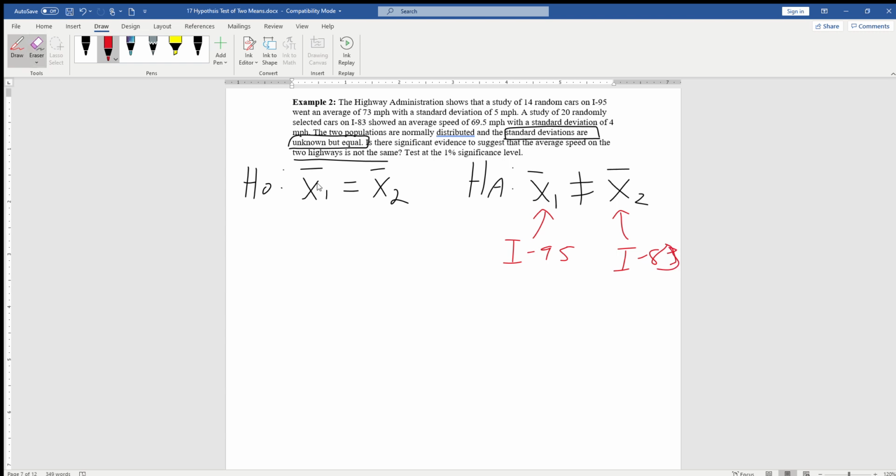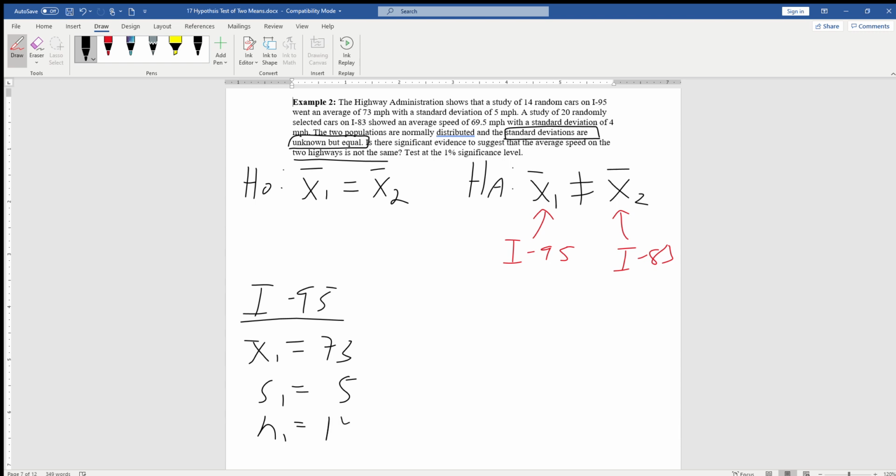So next we're going to collect the variables from the two groups. Group 1 we know is the I-95. The average speed on I-95 was 73 miles per hour, the standard deviation of that group was 5 miles per hour, and the sample size was 14.